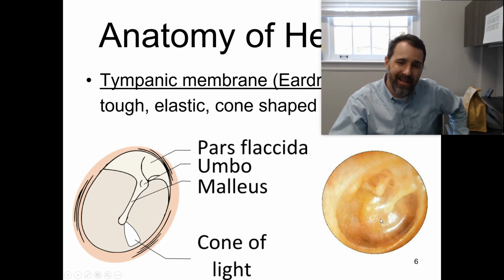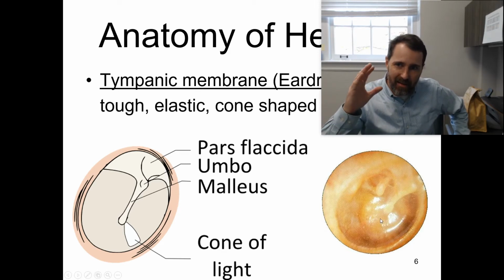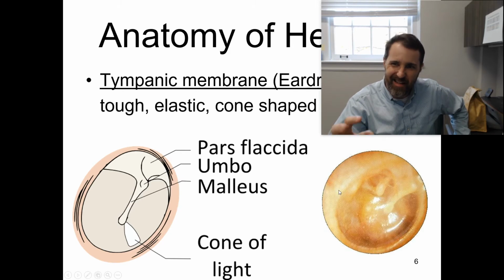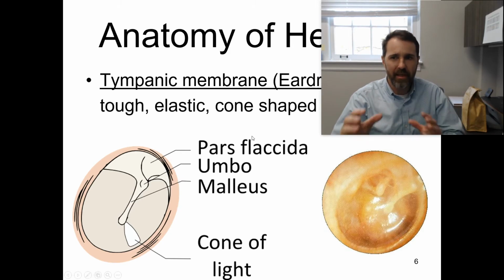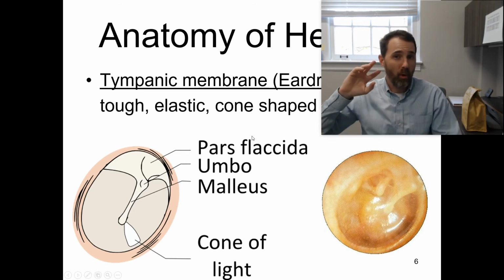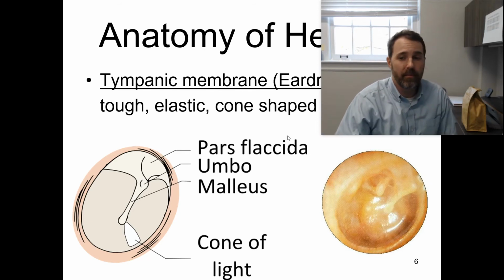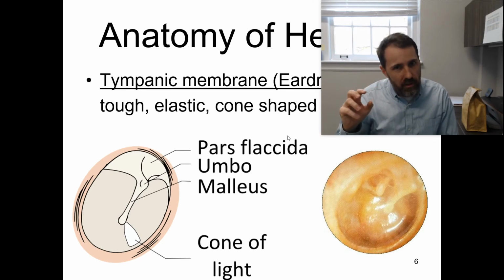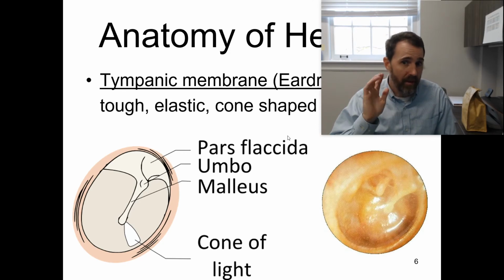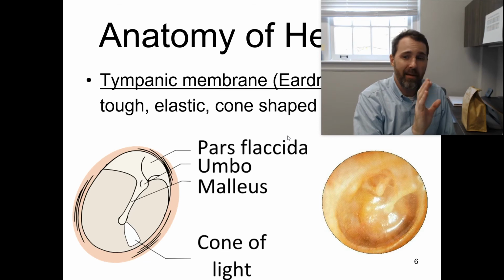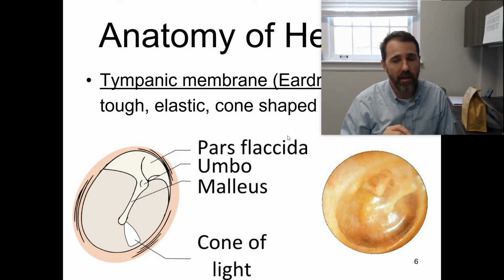What the cone of light tells me is that the tympanic membrane is in the correct shape that it's supposed to be, meaning there's no pressure on the inside of the middle ear that's pushing out on it. If there is pressure in the middle ear that is pushing out on the tympanic membrane, you're not going to see the cone of light.